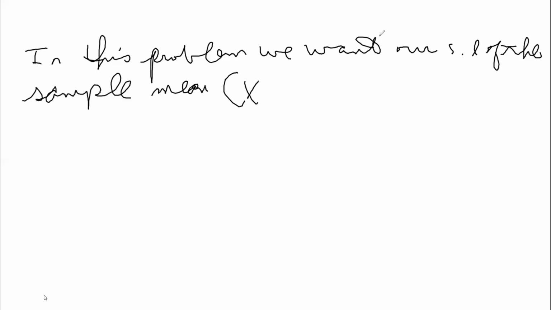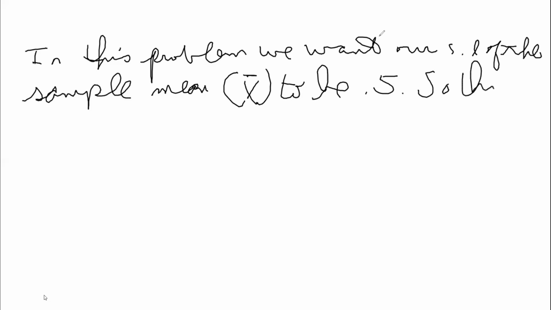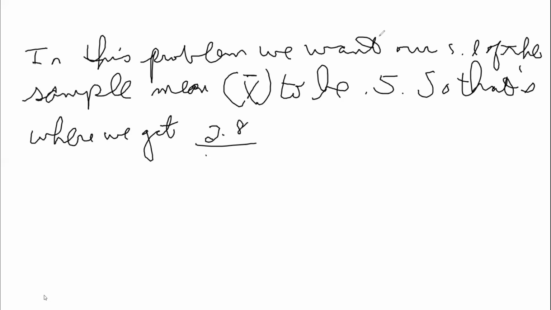That's the x bar, our sample. That's the one we know it should be. That's the standard nationally. So that's where we get 2.8 divided by the square root of n equals 0.5.